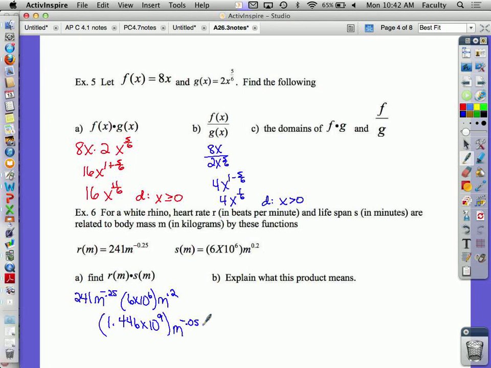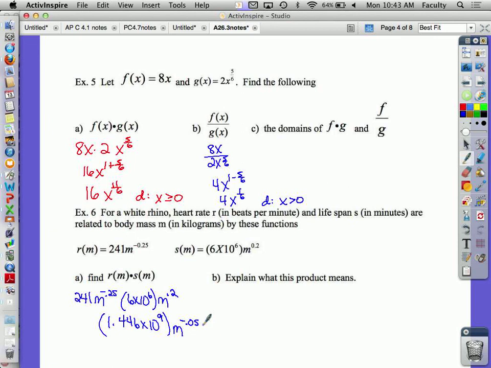Okay, so again, let me repeat what I've done. 241 times 6 times 10 to the 6th, and that's where we got this number from. And then I multiplied the variables. It says explain what this product means. In the situation, what would this give us? Heart rate, beats per minute? No, because R of M is the beats per minute. We're taking the beats per minute times the number of minutes in your lifespan.